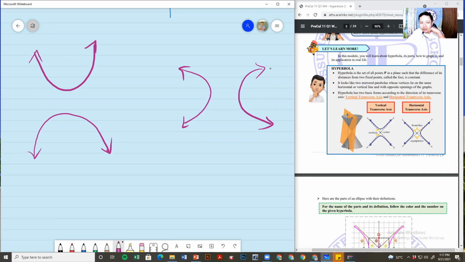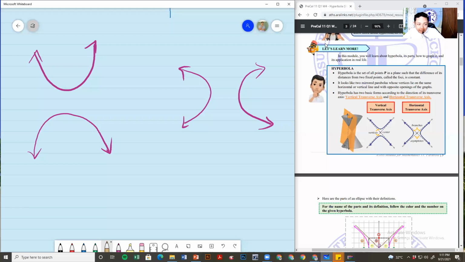Vertically, because if you look at it, it's standing in nature, it's vertical. And then this is considered the horizontal transverse axis because if you follow the arrows, it's horizontal in orientation. As simple as that. And we also have this transverse axis.